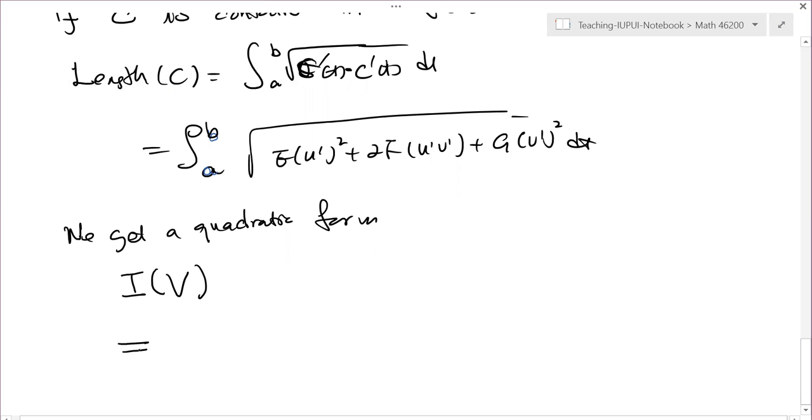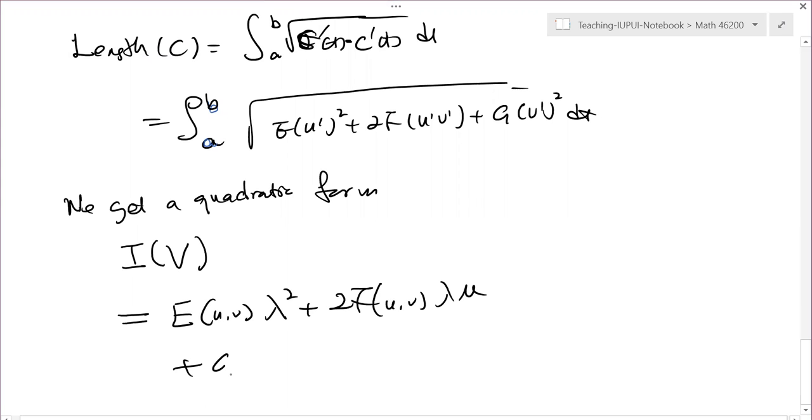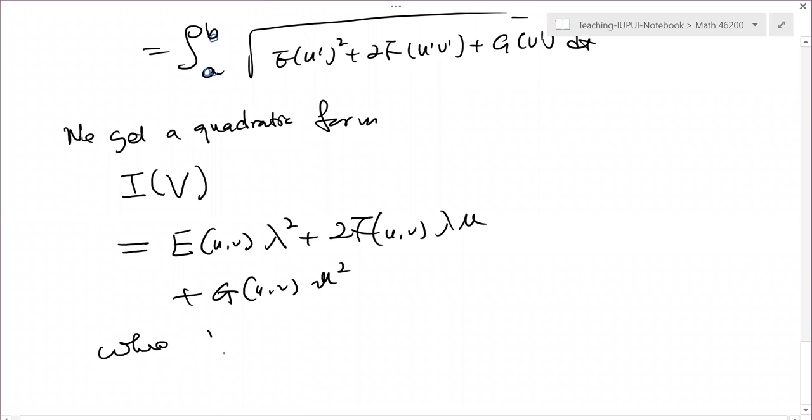So this is going to be E(u,v) λ^2 + 2F(u,v) λμ + G(u,v) μ^2, where capital V is λ σ_u(u,v) + μ σ_v(u,v).